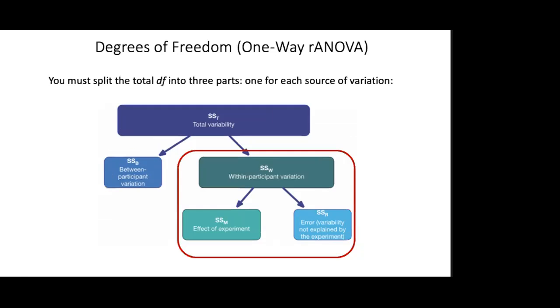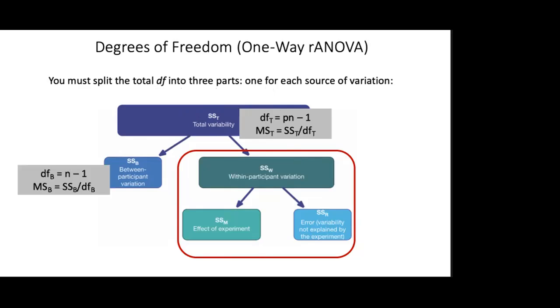All right. Okay. So for the degrees of freedom, of course, we also have to split the total DF into 3 parts, one for each source of variation. The total degrees of freedom is the same as for our general ANOVA model.